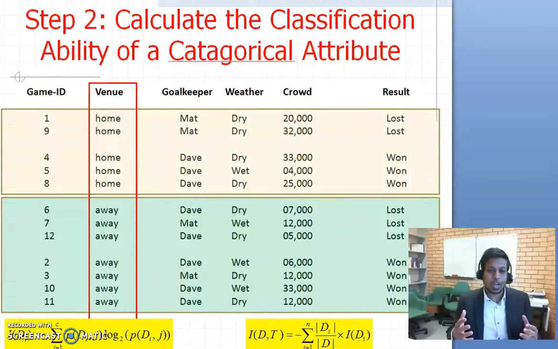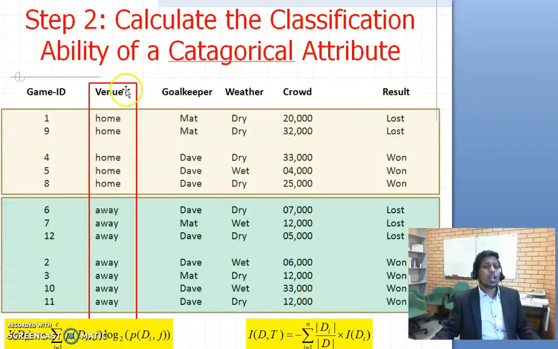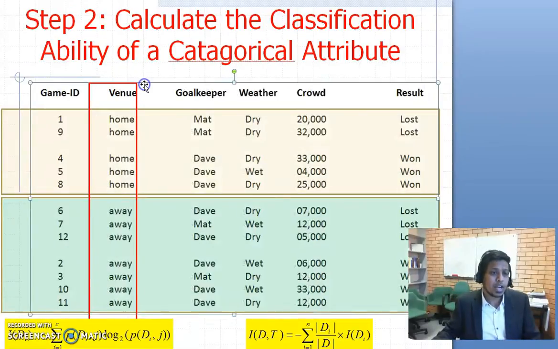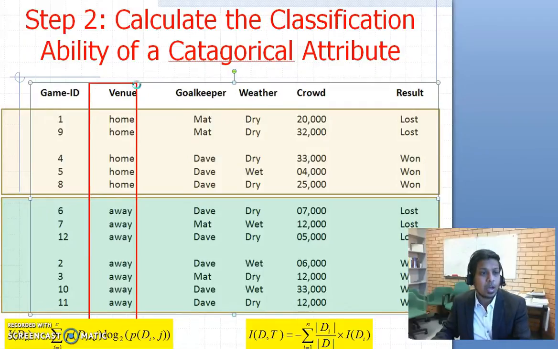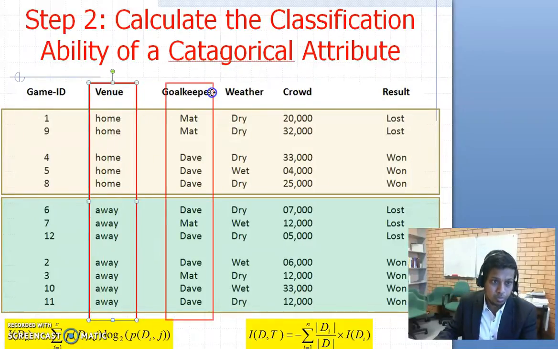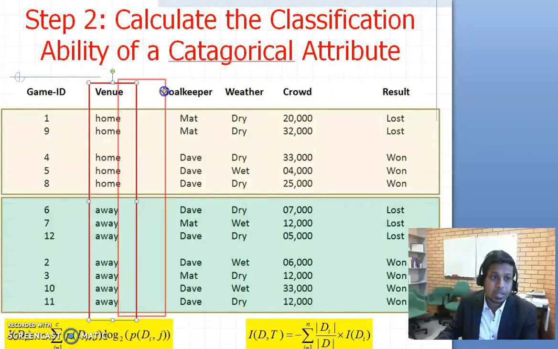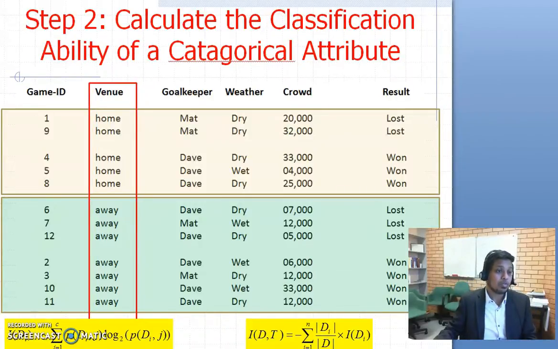So information gain: because you are dividing the dataset based on one particular attribute, you are gaining some information. Then it will calculate the information gain for each and every attribute. For example, it will calculate information gain for the attributes goalkeeper, weather, and crowd, and it will pick the attribute for the root node of the tree.